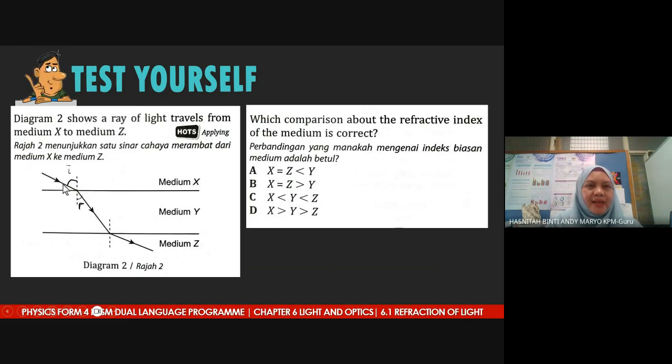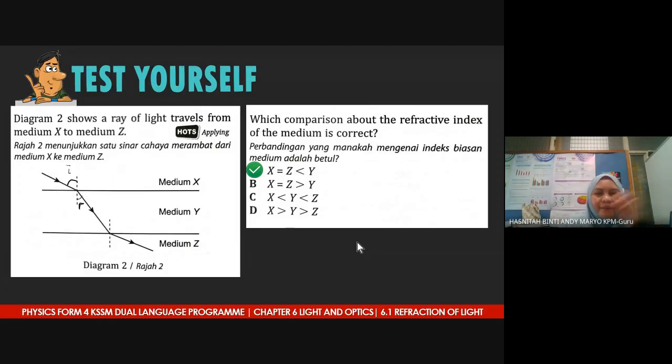Since the incident angle here is 30 degrees and the refracted angle here is also 30 degrees, they have equal refractive index. So the answer should be A. X has the same refractive index as Z, and both have a lesser refractive index compared to Y.